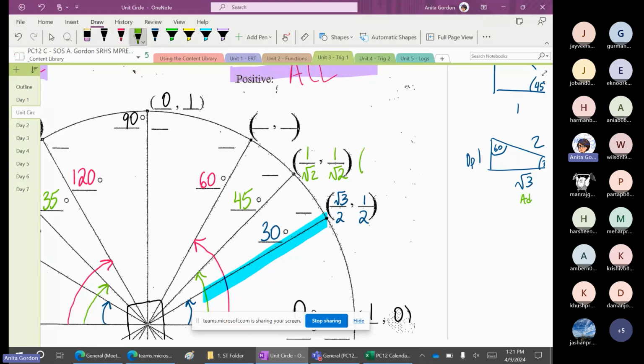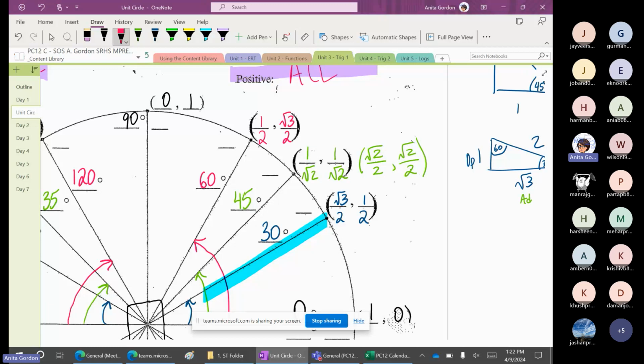So really this is root 2 over 2, root 2 over 2. This will make our life easier later on down the road. Then at 60 degrees, looking at our special triangles, this is going to be 1 over 2 for the cosine and root 3 over 2 for the sine.